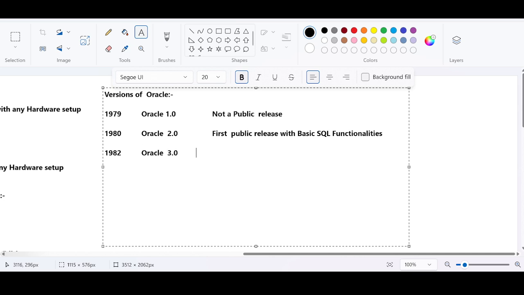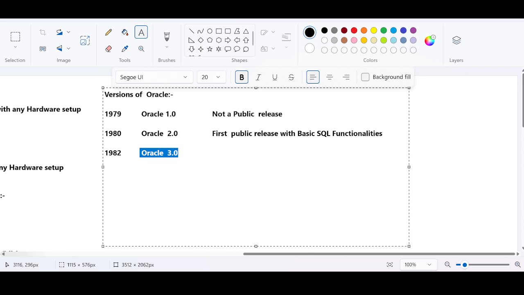It is the first portable release. When I say portable, I mean transporting the database from one system to another, installing the database on one system and migrating it to another system.